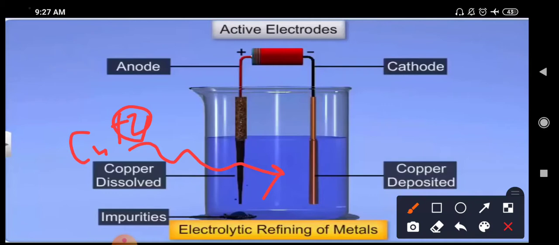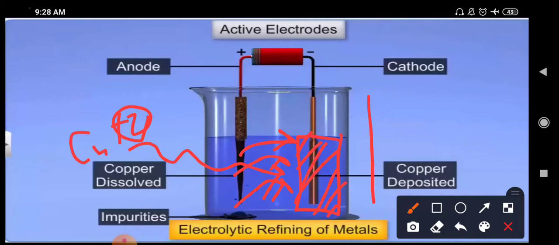As the reaction proceeds, we will observe this electrode become thicker and thicker. Why? Because material from the anode is deposited onto the cathode. So the cathode, which is initially very thin, now becomes thicker and thicker, and we will observe a large amount of copper deposited on the cathode.